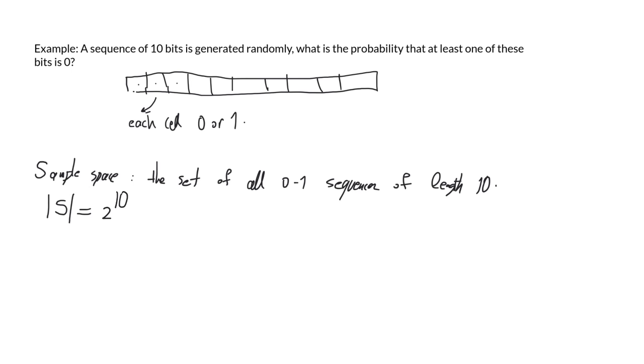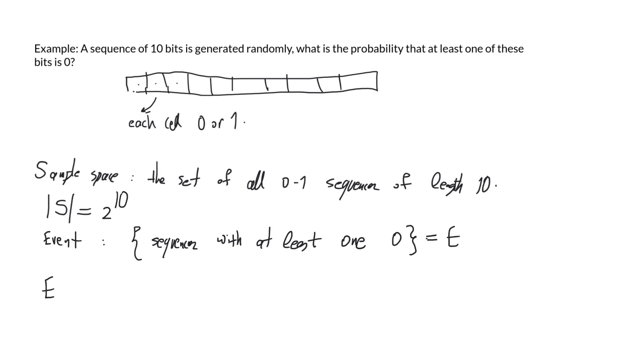And the event that you're interested in is the set of sequences with at least one 0. All right, it can be computed directly, but let's do a trick and compute instead the probability of E bar.